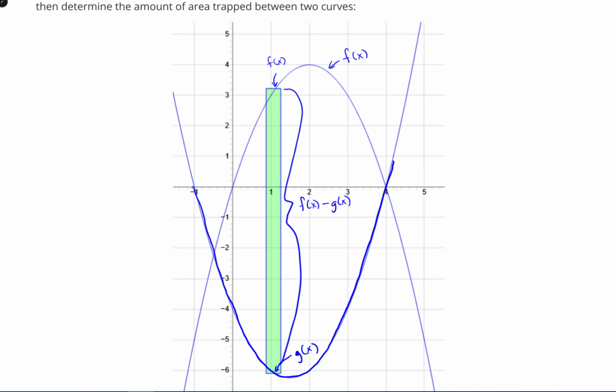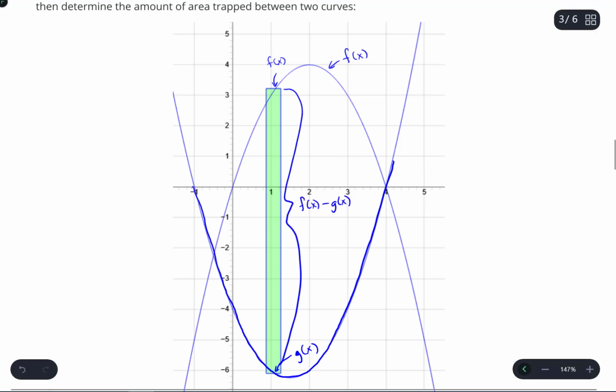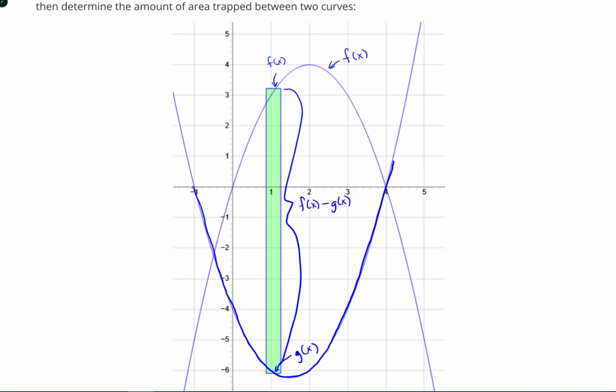Now, usually when we think of vertical or horizontal distance, we toss absolute value around those things just to ensure that we get a positive answer, because distance is generally considered to be a physical attribute that is always considered to be positive. And that's all well and good, we can do that, but another thing we can do is, as long as we make sure that f of x is the function that's above g of x, then f of x minus g of x will always result in a positive number.